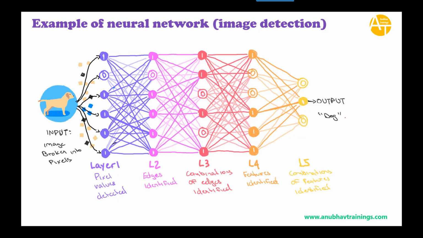There are 4 legs, so by this time the legs got detected. Then it goes to the next layer where features like eyes, nose, ears, tail are detected. So finally you get an output as a dog. This is just the way our brain processes information, the same way the neural network will process information. It is specially designed and it is used for detecting images.